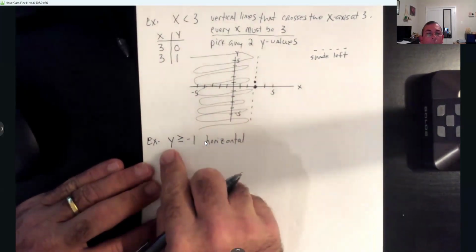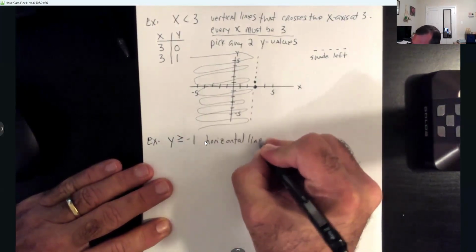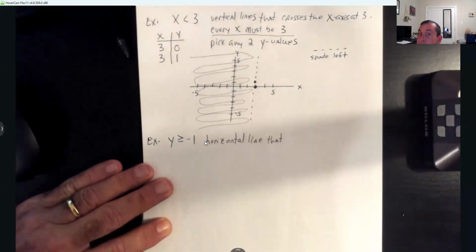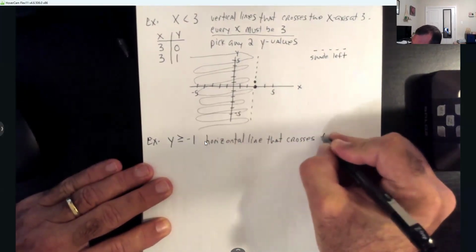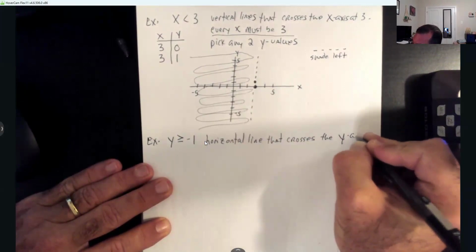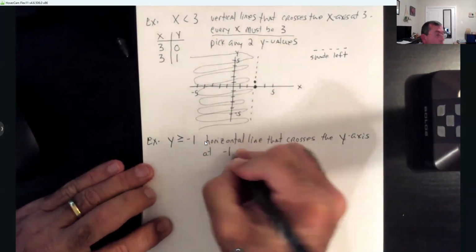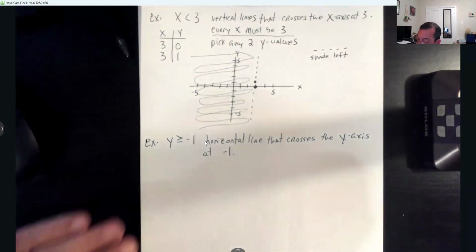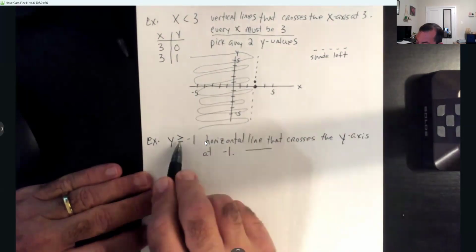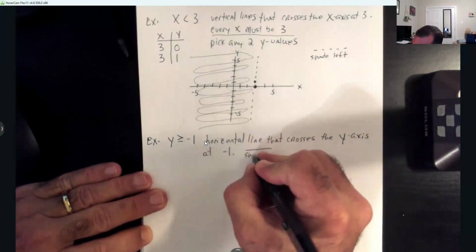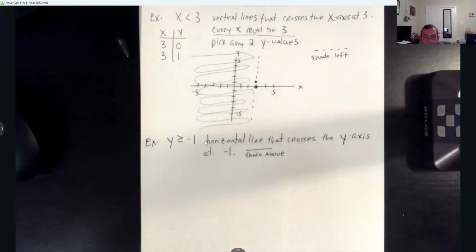So if it's only got a y and no x, it's going to be a horizontal line that crosses the y-axis at -1. Now, it's got equals under it, so this will be a solid line, and greater than is going to shade above. Okay?